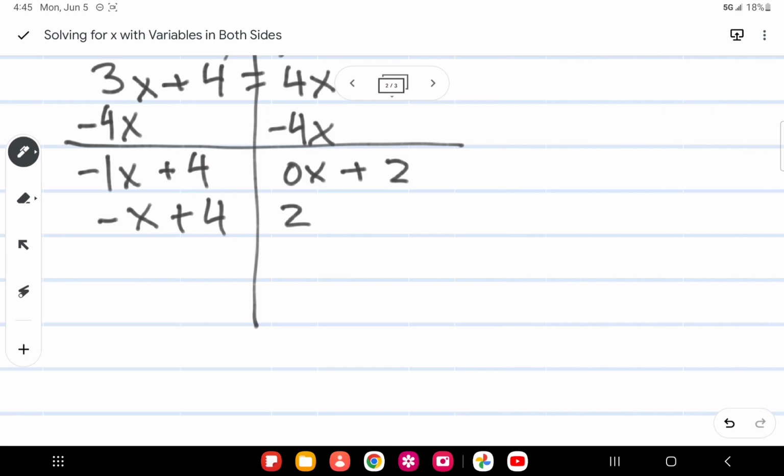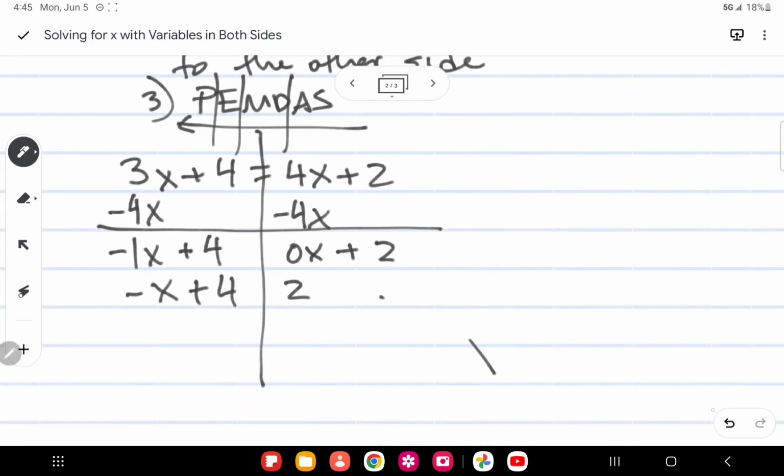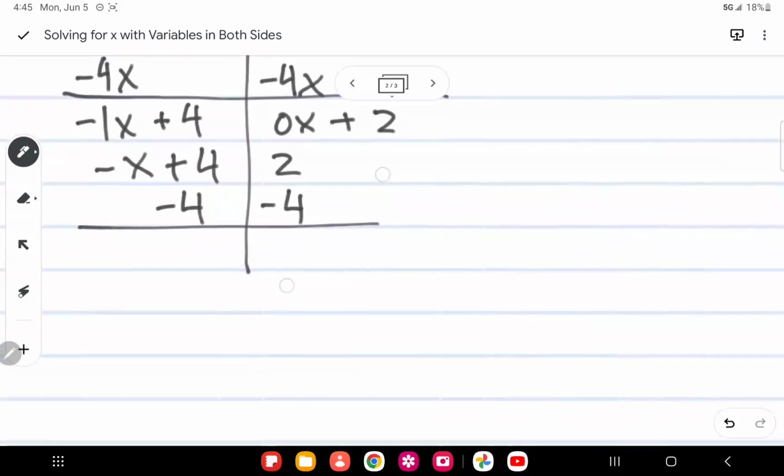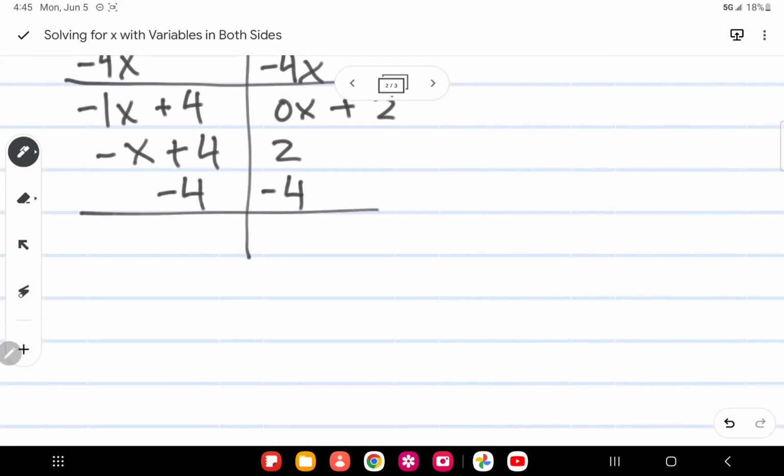Now we are back to our second video. We should know how to do this. Negative x plus 4, so the operation is plus 4, and the opposite of adding, oops, sorry about that, is subtracting. So subtract 4 on both sides. 2 minus 4, that is negative 2. 4 minus 4, that is 0.